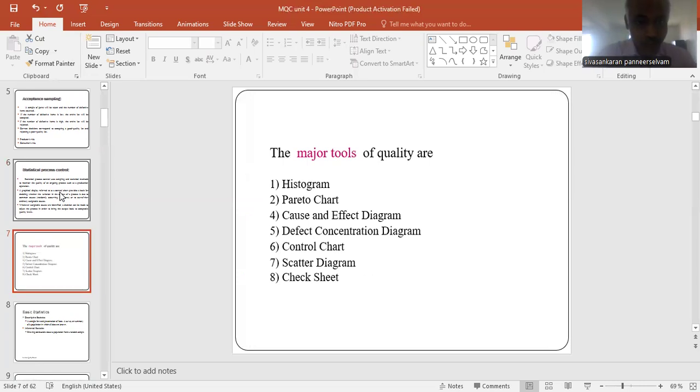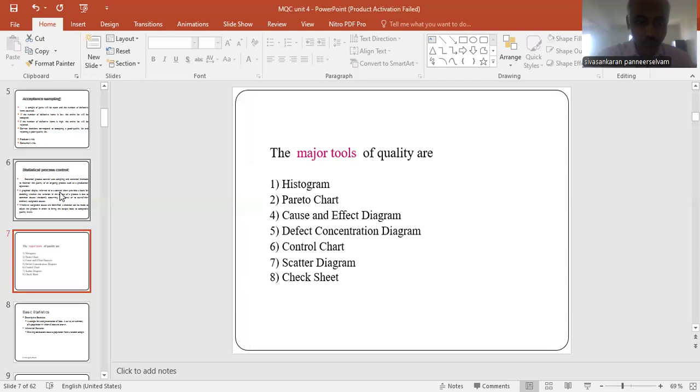In the first few slides we have just introduced what is meant by quality control, and what the different types of tools and models used in quality control systems are. Now, in more detail, we are going to see the major tools of quality.